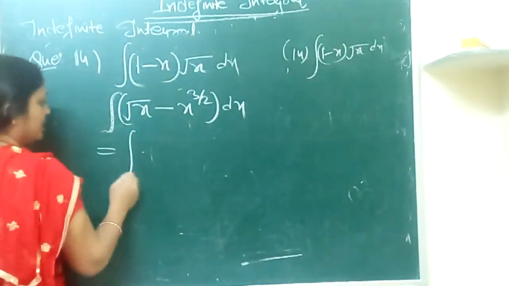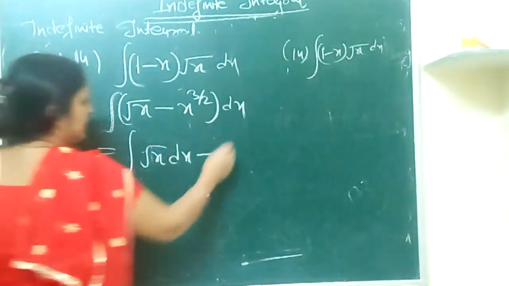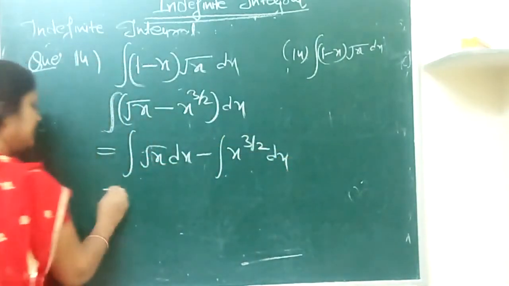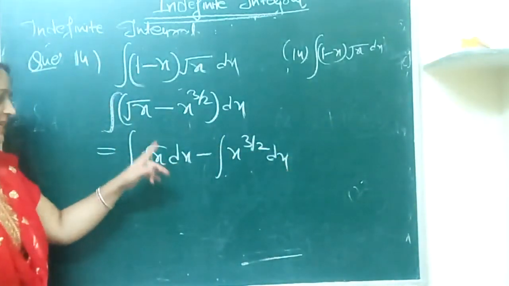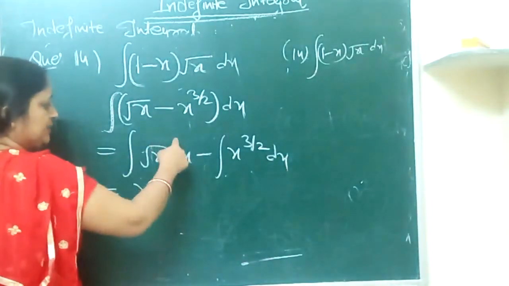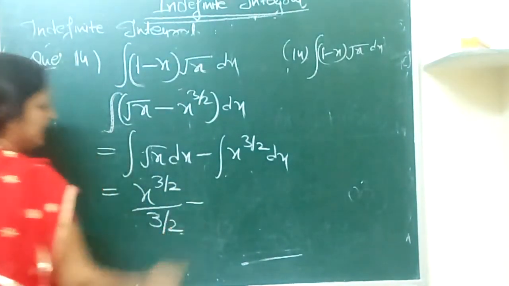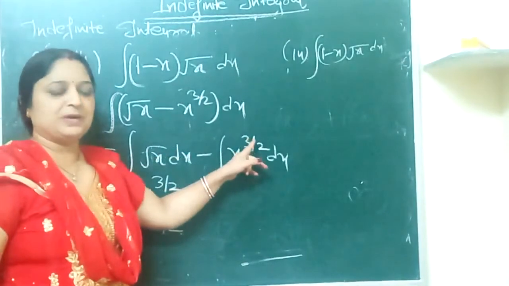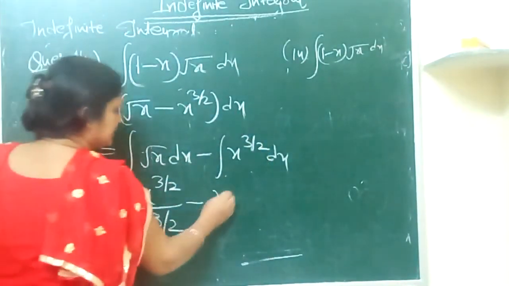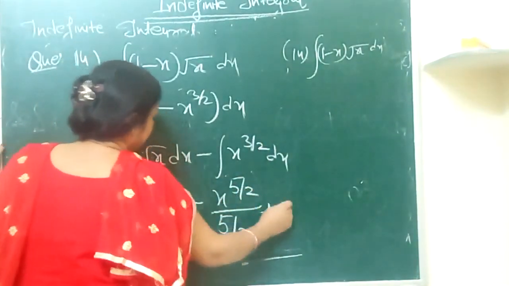After that, open the integration with respect to dx: root x dx minus x raised to power 3 by 2 dx. So what is the integration of root x? This is x raised to power half, so it will come half plus 1, that is 3 by 2 upon 3 by 2, and minus x raised to power n, that is 3 by 2 plus 1, so it will come x raised to power 5 by 2 upon 5 by 2 plus c.